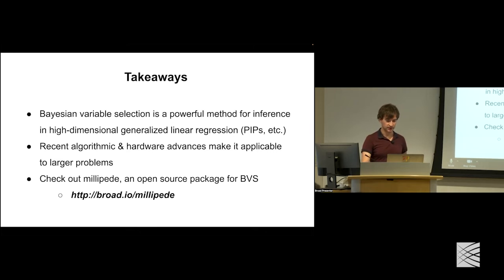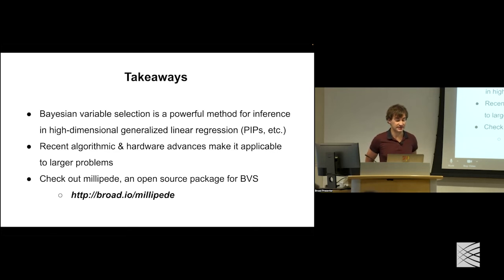Okay, let me just quickly summarize. I tried to argue that Bayesian variable selection is a powerful method for doing inference in the high dimensional case of generalized linear regression. It has a number of nice properties. First and foremost, I think, is that it gives you posterior inclusion probabilities, or PIPs, which you can use to rank your hits or otherwise reason about what your data is telling you.